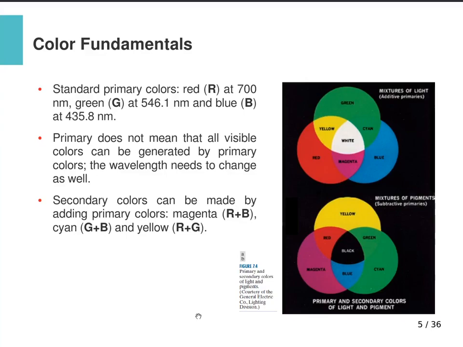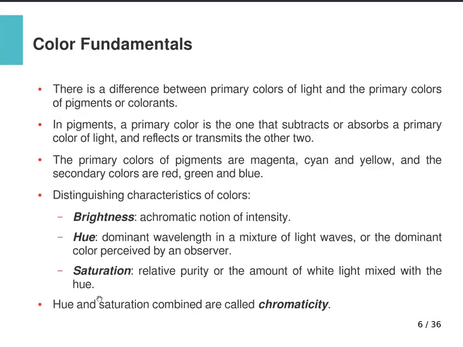So in this figure you see primary colors and secondary colors of light. The one underneath is for primary colors and secondary colors of pigments. So there is a difference between primary colors of light and the primary colors of pigment or colorants. So the primary colors of light are basically additive, but primary colors of pigments are subtractive.